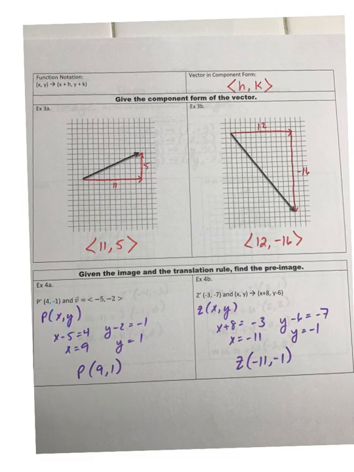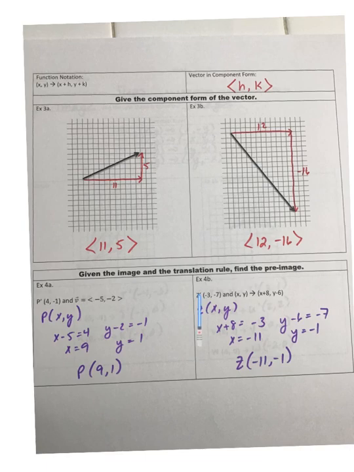So I can just write two simple equations. The original x minus 5 equals the image 4, so the original x had to be 9. The original y minus 2 has to equal the final y of negative 1, so the original y equals 1. So the original point was 9, 1.